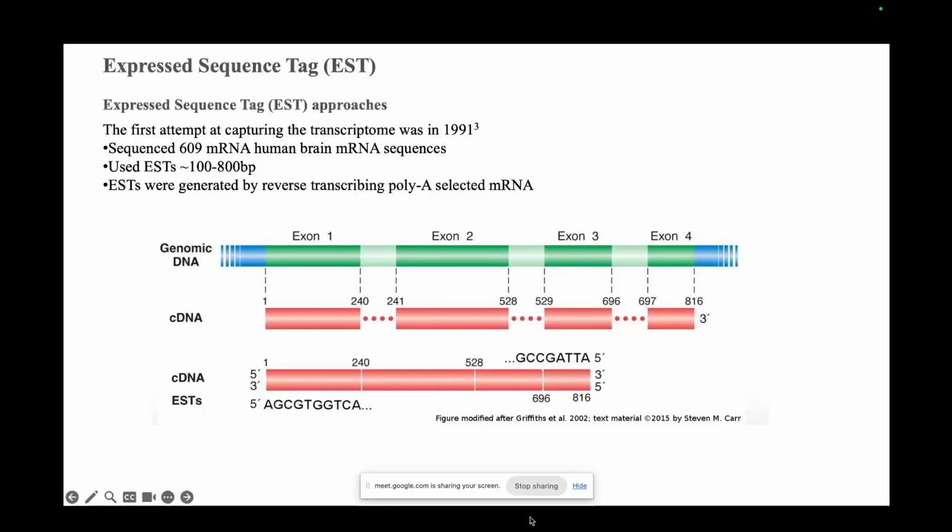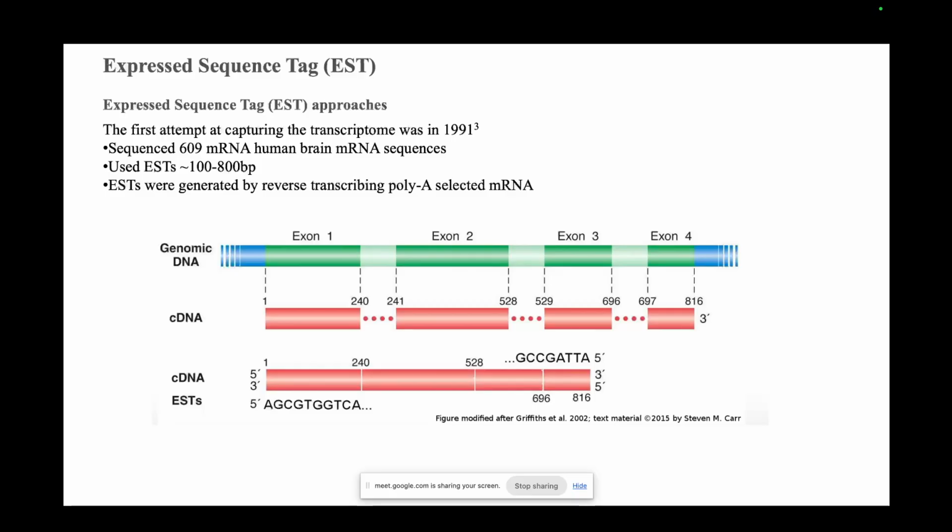Although we are talking about RNA sequences, we do the sequencing mainly through DNA, because DNA is easier to sequence, and we are more advanced in DNA sequencing than in direct RNA sequencing. So in general, we hybridize it with a complementary set of DNA, and then we sequence this.